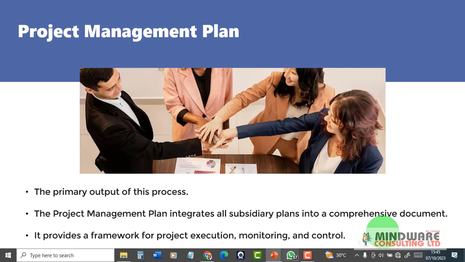Even your monitoring and controlling: you cannot monitor outside of what you already have in your plan, and you cannot control outside of what you have in the plan. So the plan determines every other thing, and that's why it's very, very important. It's a very important document as far as your project execution is concerned.